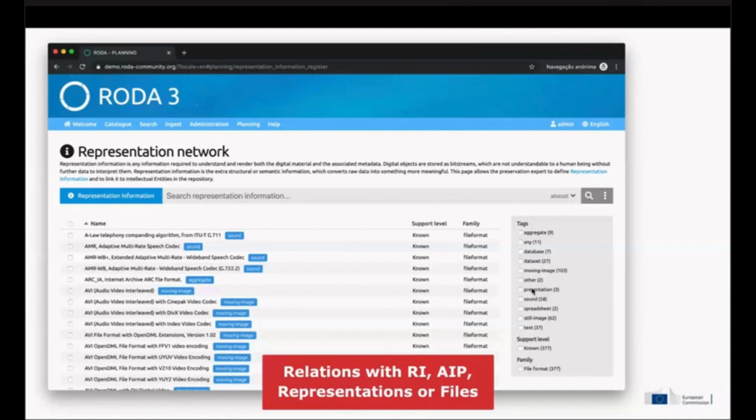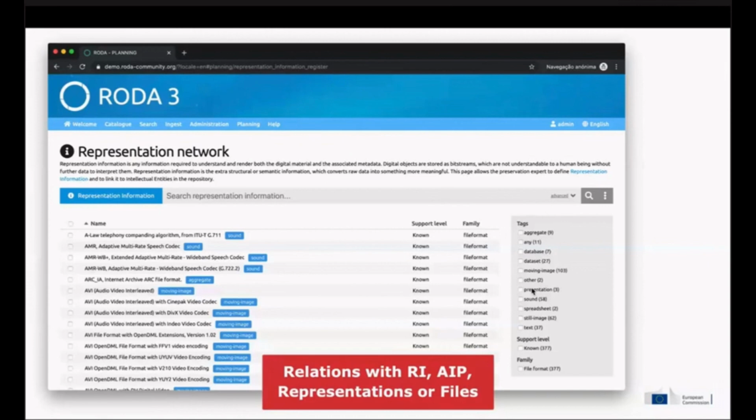What should be described here as representation information? For example, if we are preserving PDF files, one representation information entry should be about the PDF specification. That means how the PDF files are created and encoded.